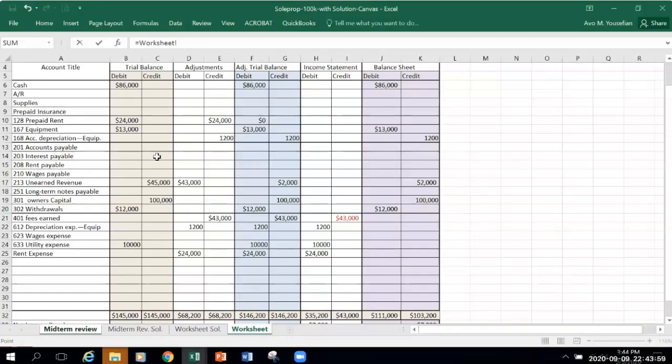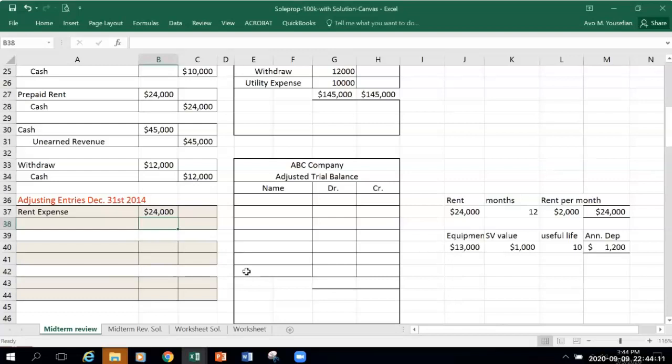and that will be the rent expense box here. You see that? And enter. Cool. The other one is prepaid rent.